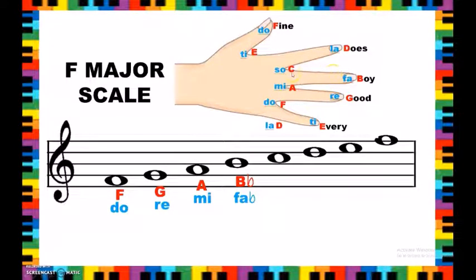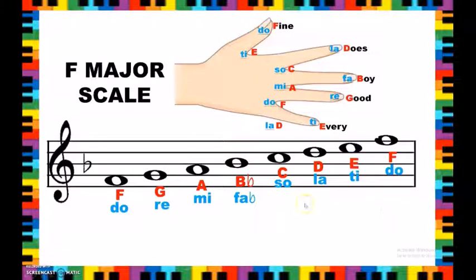Then the third space is C, which is so. And then the fourth line is D, which is la. And then the fourth space is E, which is ti. And the last line is F, which is do.